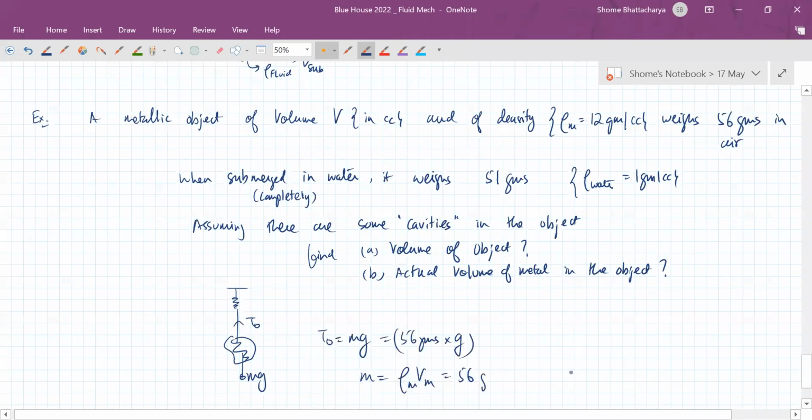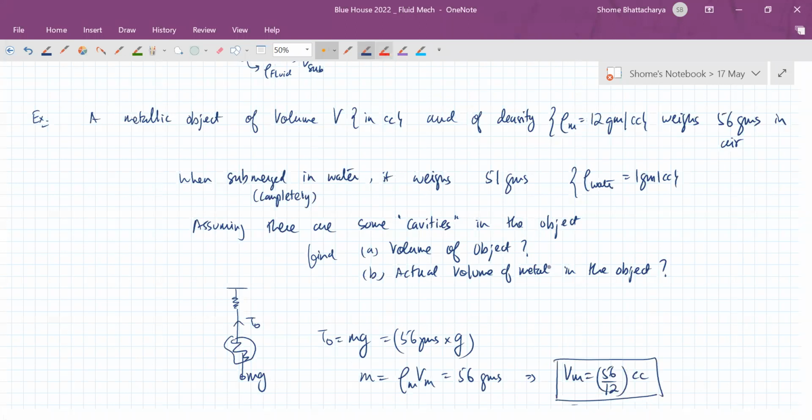In other words, the volume of metal present is 56 divided by 12 in cubic centimeters. This is not necessarily the volume of the object or the outer volume. This is the volume of metal present. You can also say it is equal to the volume minus the volume of cavities.